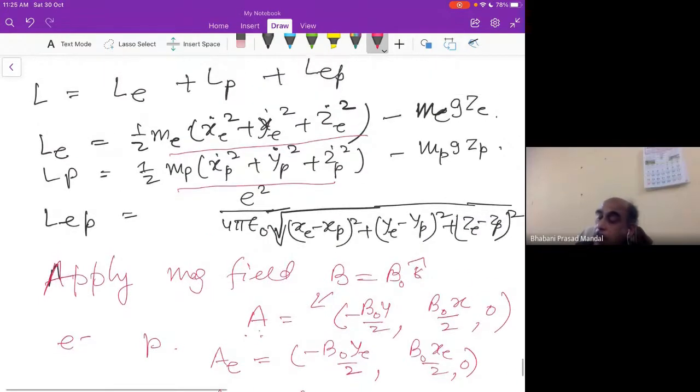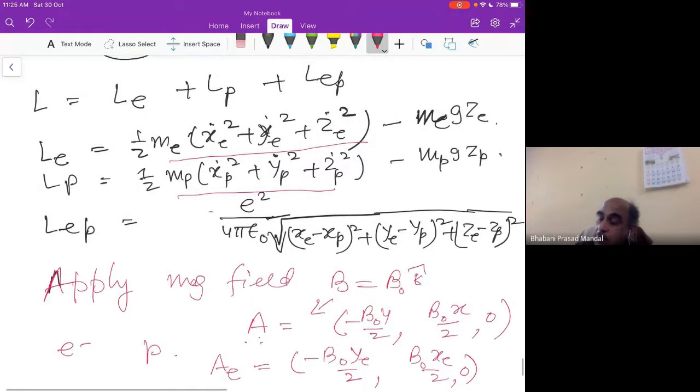For the electron and proton, this will be a minus, right? It is an attractive potential, so when you add this to the Lagrangian, it will give a minus sign.